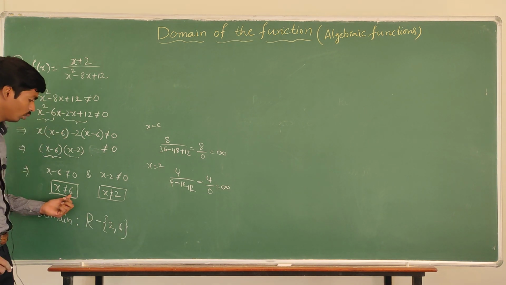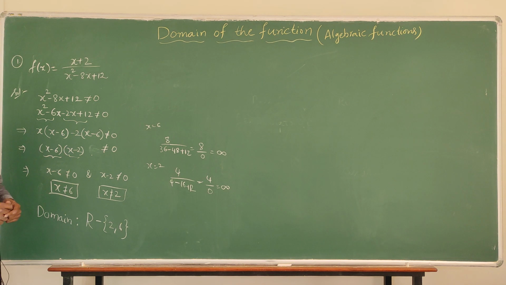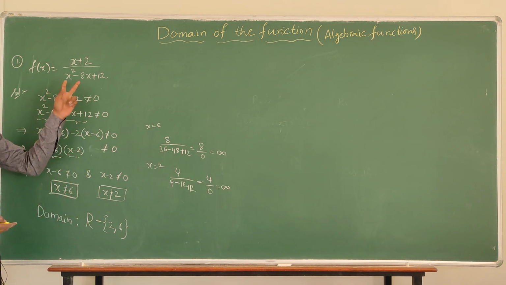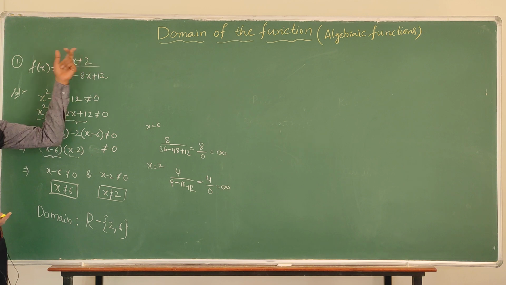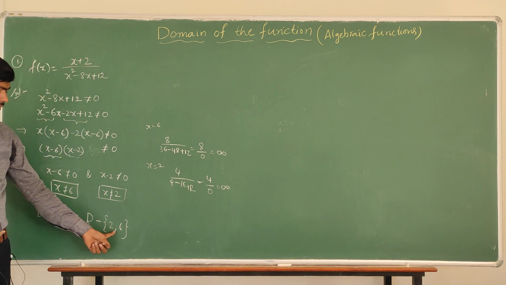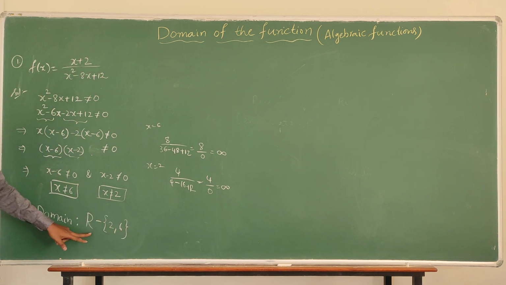Why? Because for 2 and 6 the function is undefined. For all other real values my function can be defined. So the set of all real values for which the function can be defined is nothing but the domain. The set of all real numbers minus the set of 2 and 6 is the domain of this function.